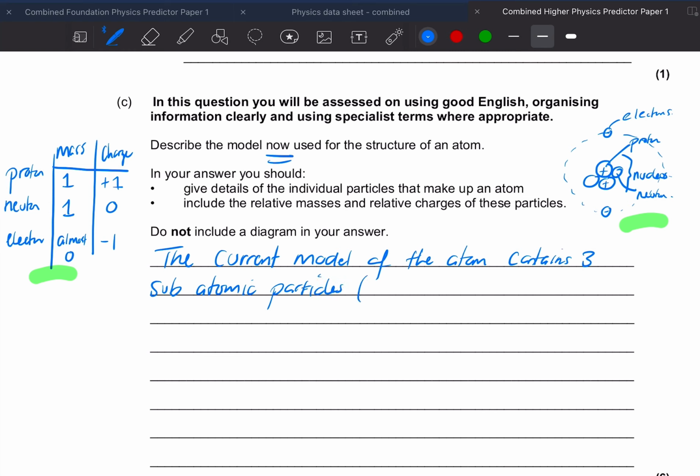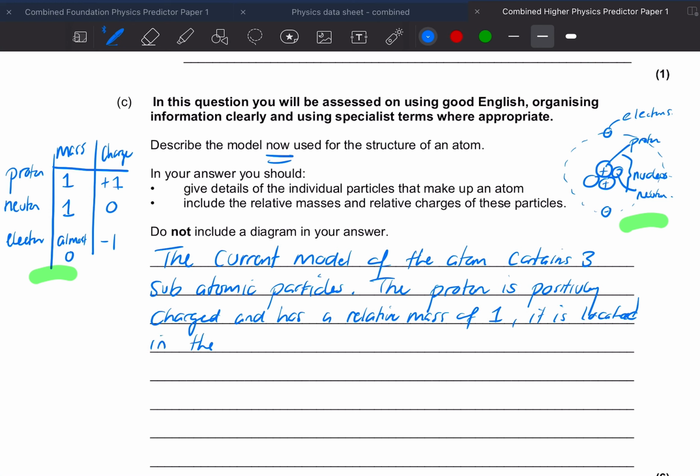And we're going to name them. The proton is positively charged and has a relative mass of 1. This is located in the nucleus.